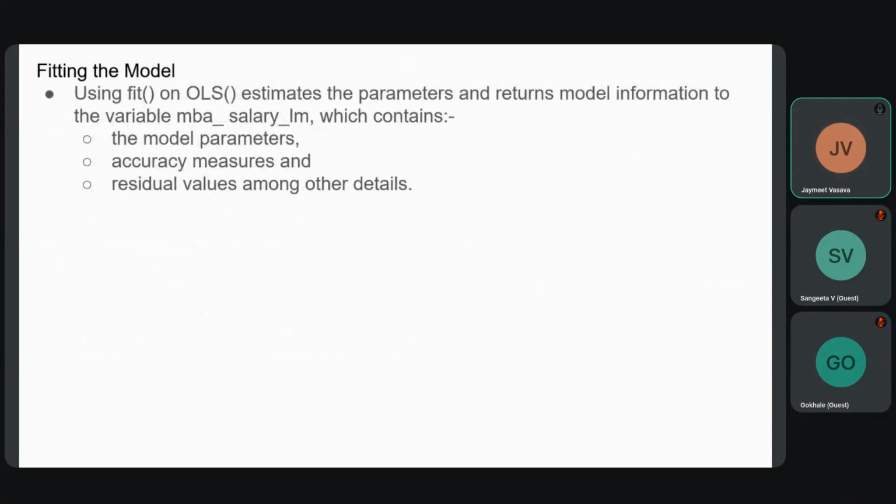Then using the OLS method in order to fit the model. The OLS estimates the parameters and returns the model information to the variable MBA salary that we will be creating, which will contain the model parameters, accuracy measures, and the residual values, among other details.